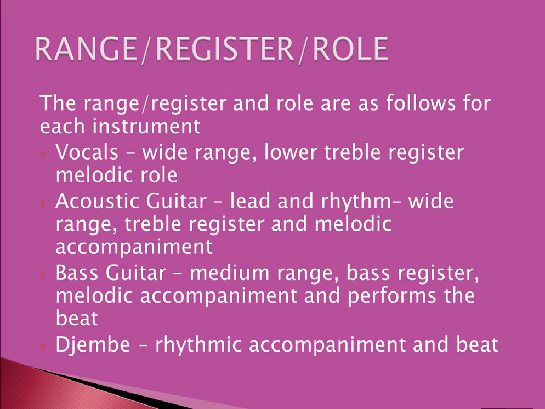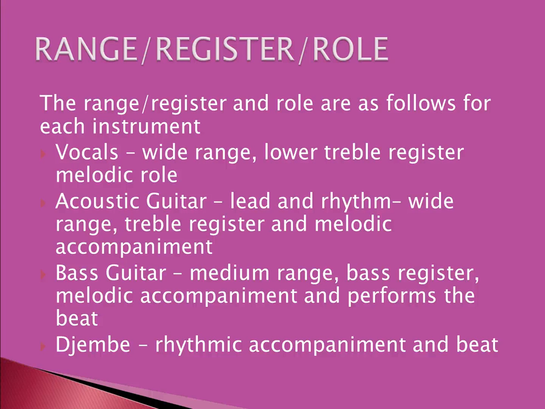So for the answer, the range, register and role are as follows for each instrument. So the vocals have a wide range. They sing in the lower treble register, and it's the melodic role, so they perform the melody. The acoustic guitar, both lead and rhythm, they have wide range, both of them, and they are in the treble register, and they are both melodic accompaniment.